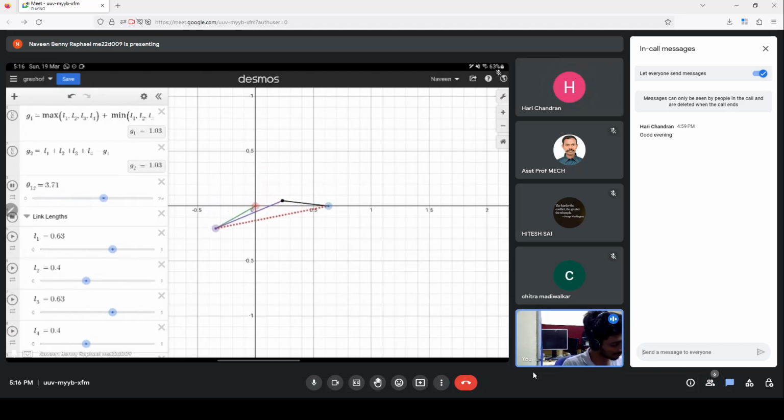Oh, so you're asking why this one is just going to the top and not going the other way around? Yes. That's because of the equations I've written in the animation. I didn't include the special case of the double rocker. Essentially, I have always constrained this point to be above the x-axis. Otherwise, if you think about it... wait, give me a second.